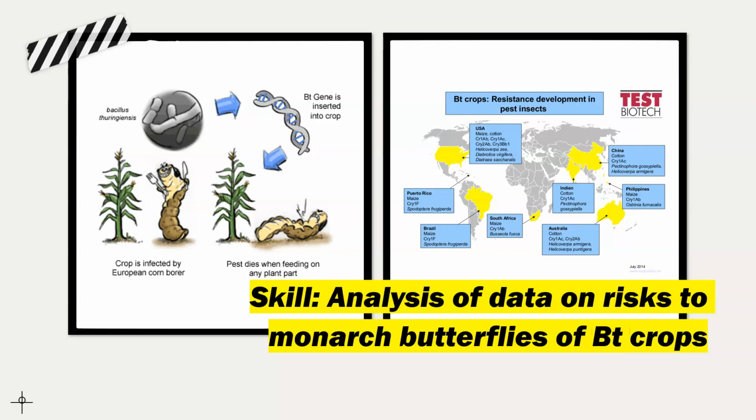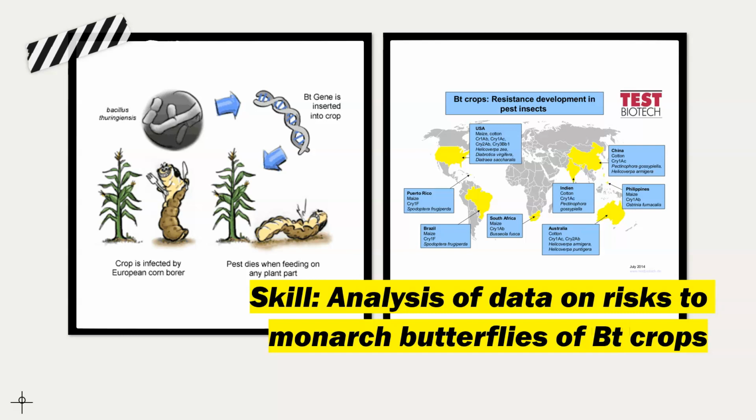So what scientists have discovered is that if they genetically modify some crops such as corn and cotton with a BT gene, then this bug, the corn borer, will die if it tries to eat that crop. So BT crops are used all over the world. You'll see there in Australia it's used mainly in cotton. Many countries use it in maize. So maize is sweet corn. All right. So this technology is used all over the world.